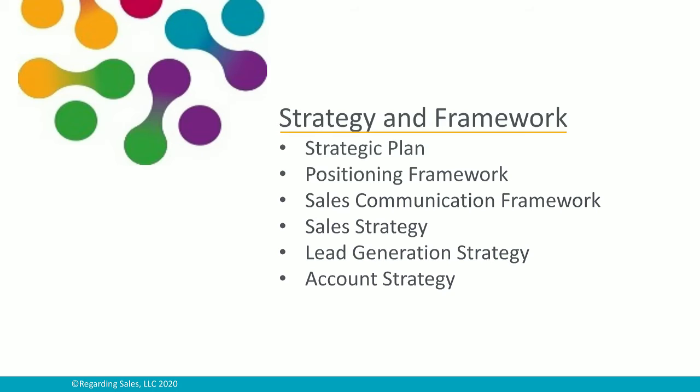If we know our sales math and how many leads need to go in the top of the funnel in order to get the right amount out the bottom, then we need a strategy to get there that's well thought out. And we need account strategies. That's strategies for penetrating new accounts and strategies for growing existing accounts. So those are the strategic elements of your sales operating system. And yes, you need all of those for your sales team to be successful.